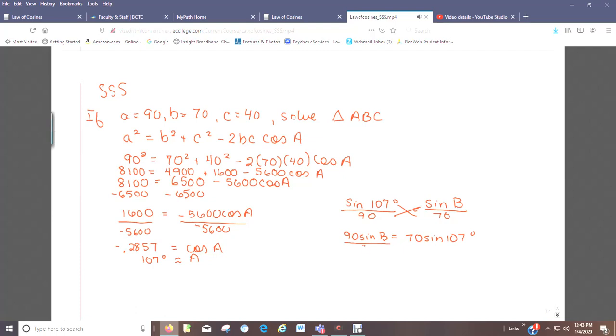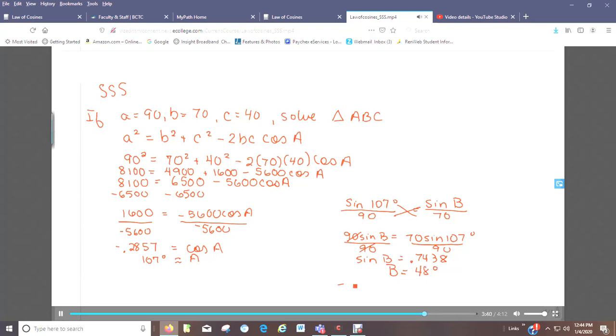Divide out the 90, and I have sine of B equals whatever this is when I stick it in the calculator. 70 sine of 107 divided by 90 gives me 0.7438. And then to get B back, I've got to use sine inverse. Sine inverse of 0.7438 ends up giving me a 48-degree angle.